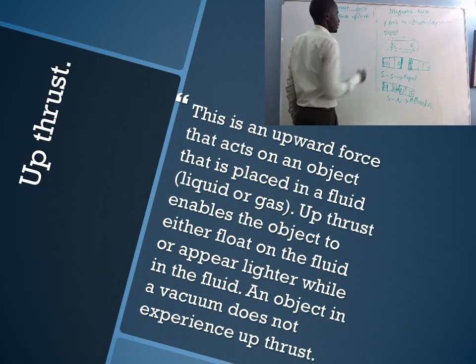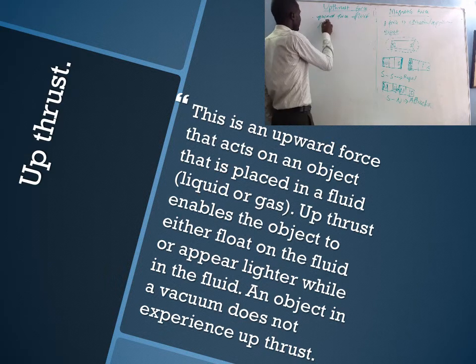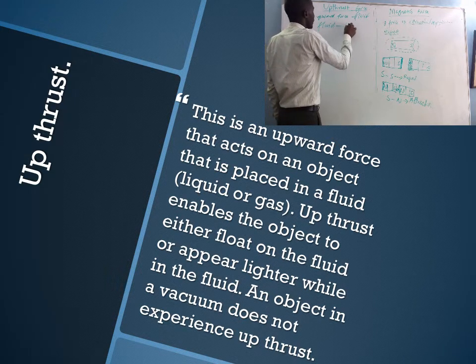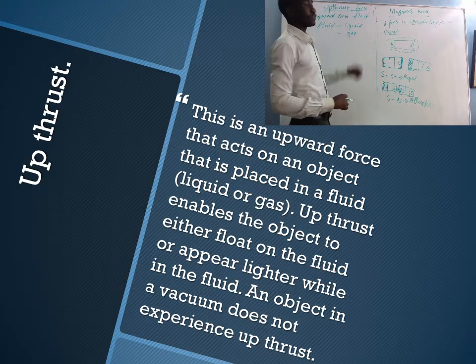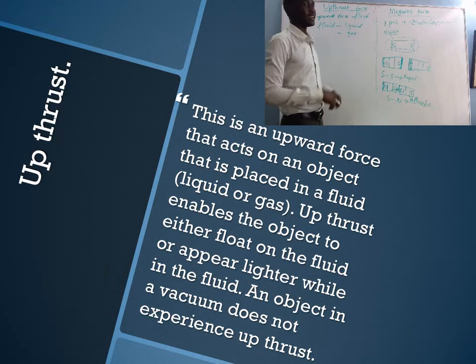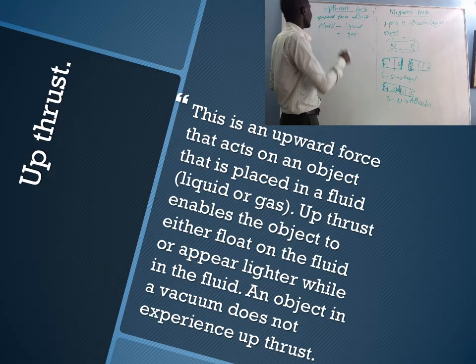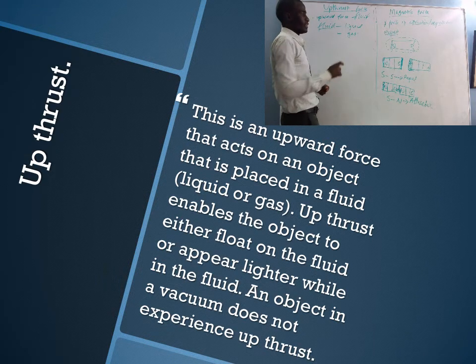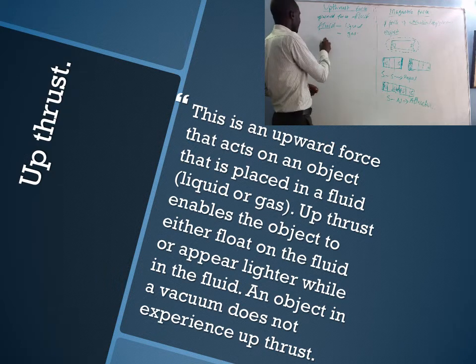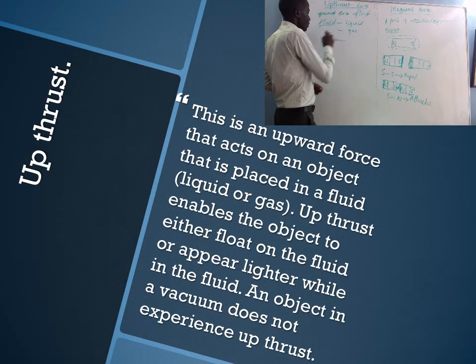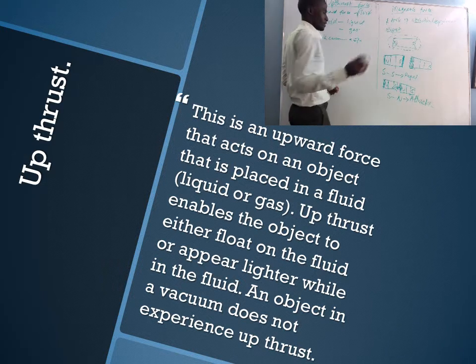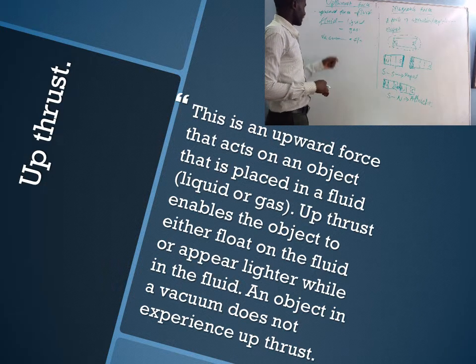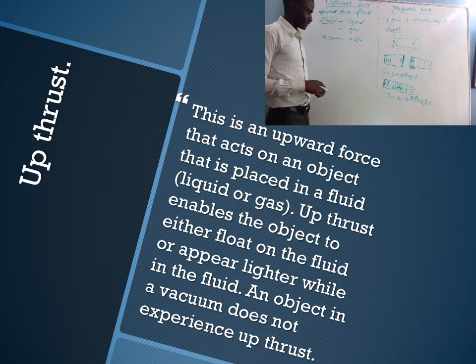So what is a fluid? A fluid can either be a liquid or a gas. And therefore, an upthrust force will not be experienced by a body that is not in a fluid. If a body is, for example, in a vacuum, where there is no air nor any other material, then there is no upthrust force.